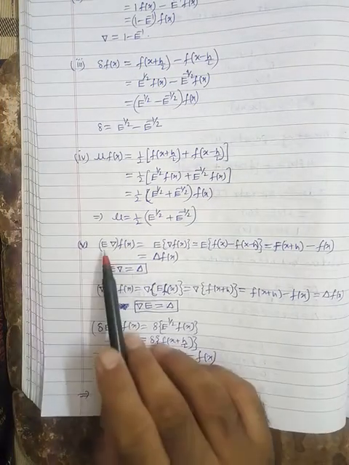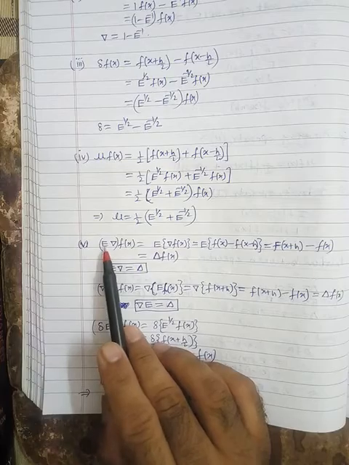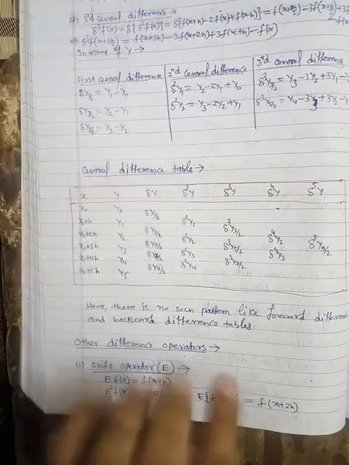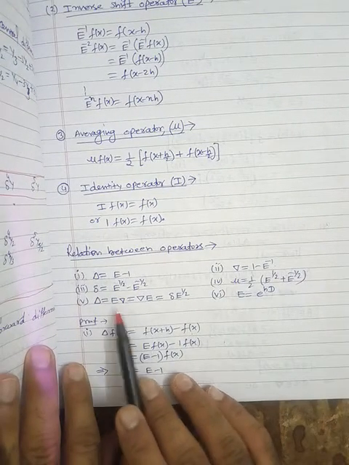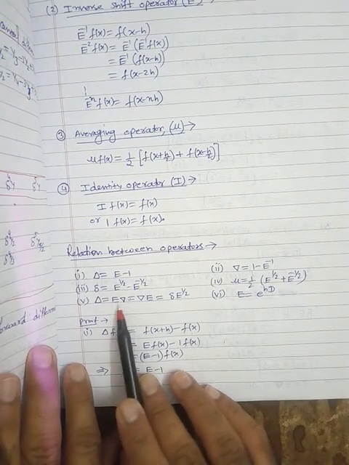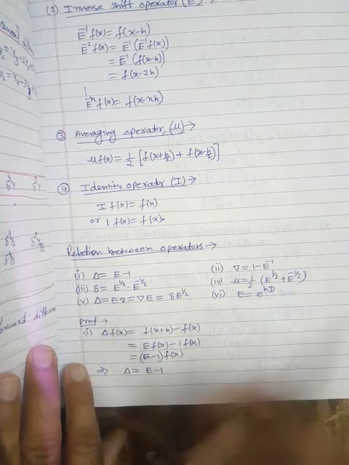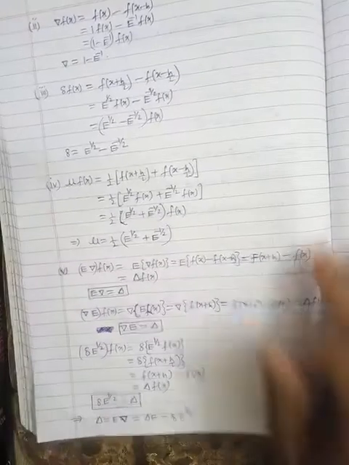Now the fifth part. In the fifth part, we want to prove this. So what we will do, we will take this part and we will show that this is equal to delta. Let's see here.